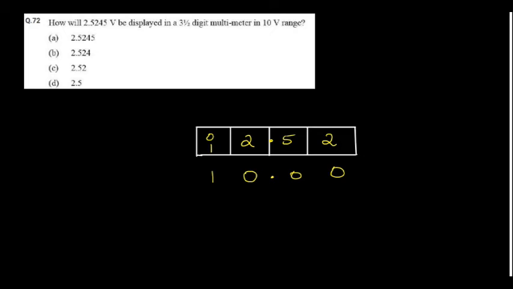Now it's a 10 volt range, since 10 volt is the range we have to show, and we are measuring 2.5245. So the MSB will be 0, and then 3 digits, it will show us option C. What is the value? 2.52.